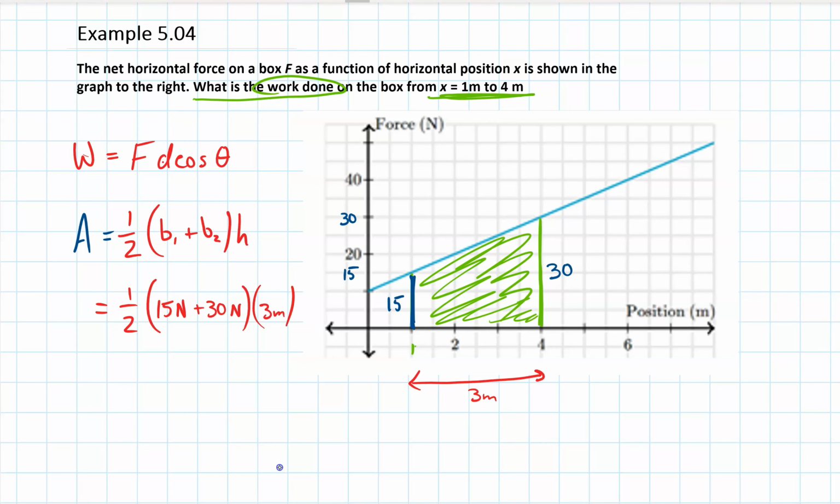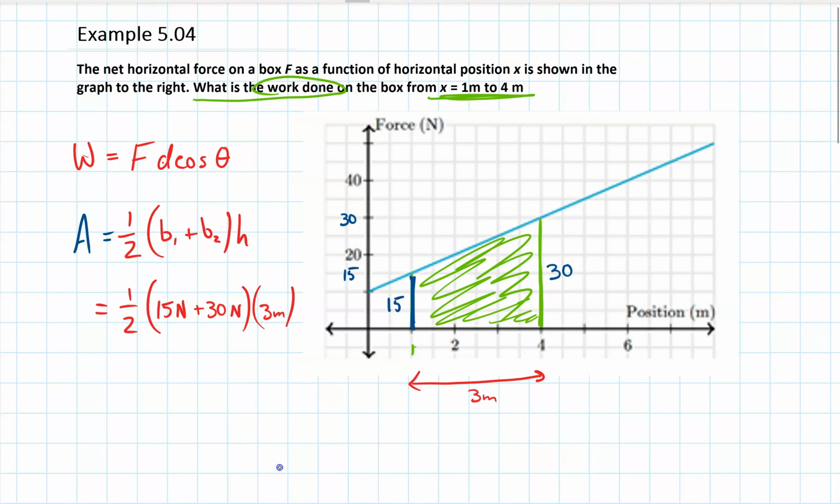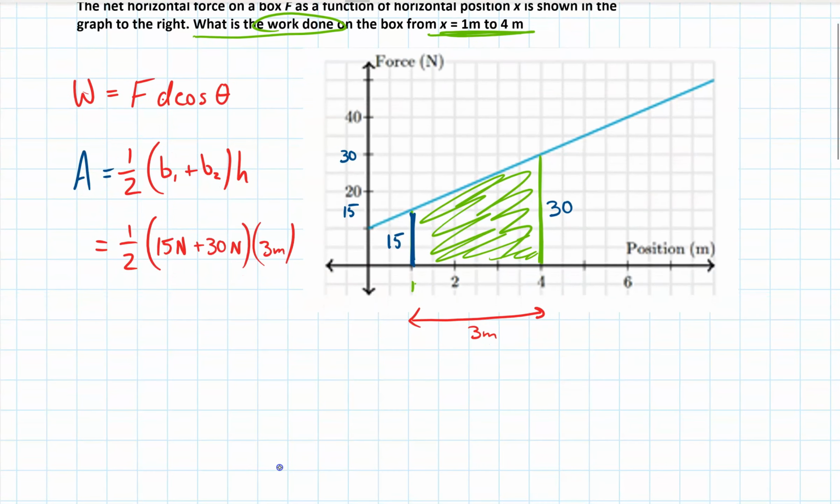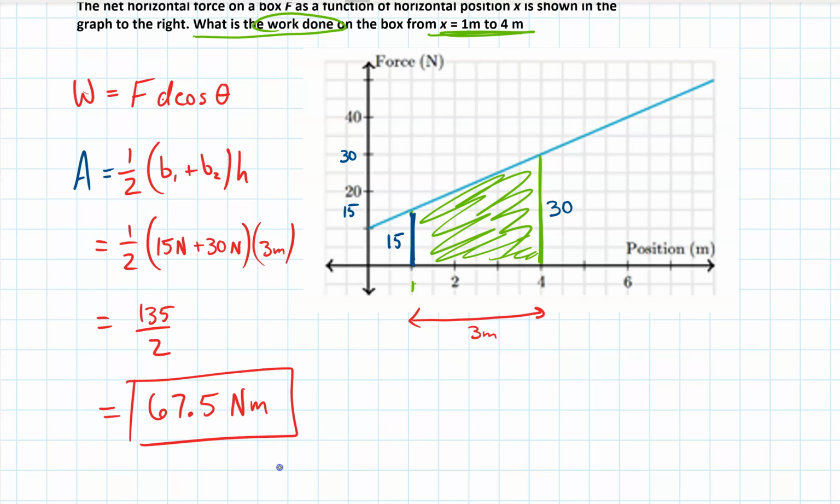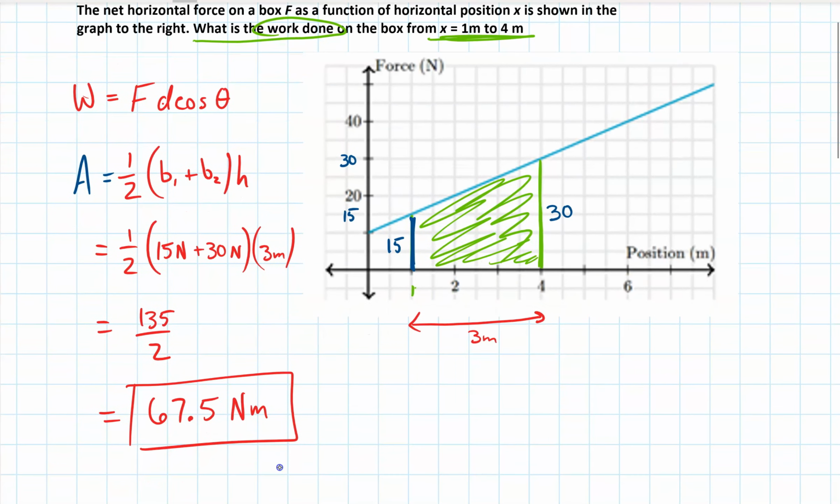All right, so once I calculate all that out, 45 times 3 times 1/2 gives us 135 over 2, or as all the kids say, 67.5 newton meters. So the amount of work done by this force is 67.5 newton meters, or we could call it 67.5 joules. They are the exact same thing.